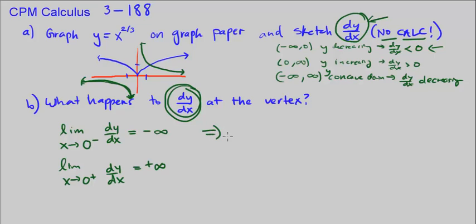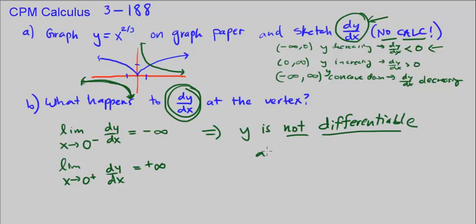So what happens? Well, then we know y is not differentiable at x equals 0, because when we take the limit of the derivative from the left and the right, it goes to a different place.